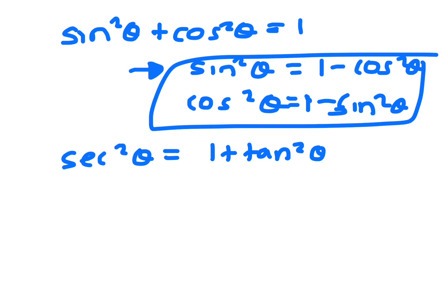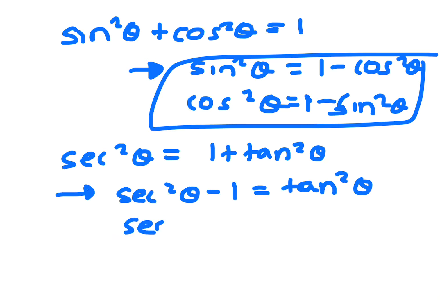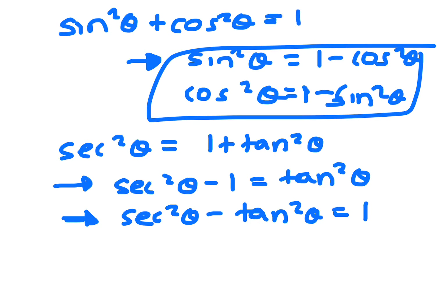You can also rearrange that: sec squared theta minus 1 equals tan squared theta, or sec squared theta minus tan squared theta equals 1. So it's always good to be aware of the rearrangements of these as well.